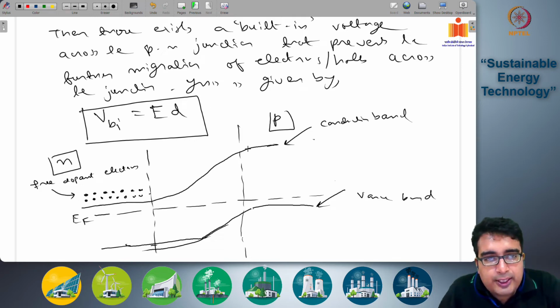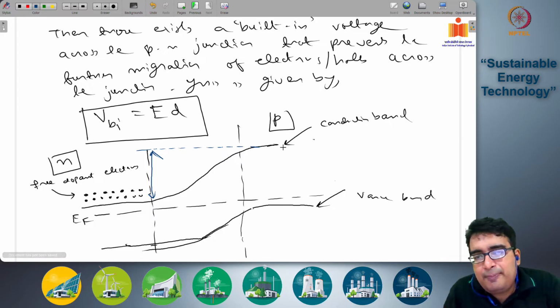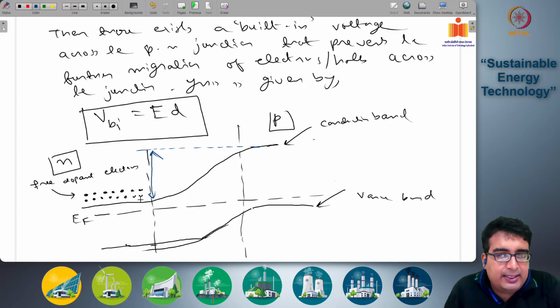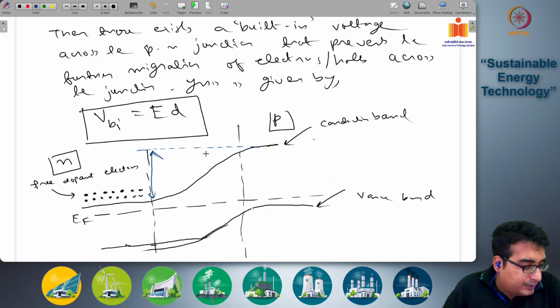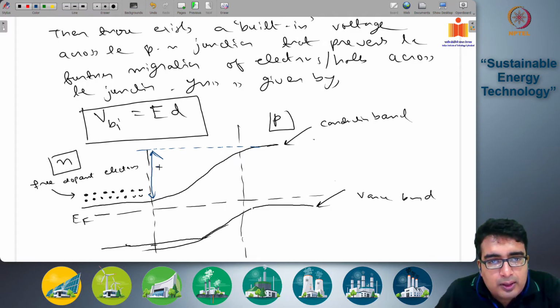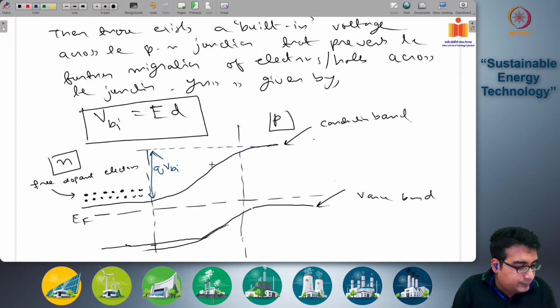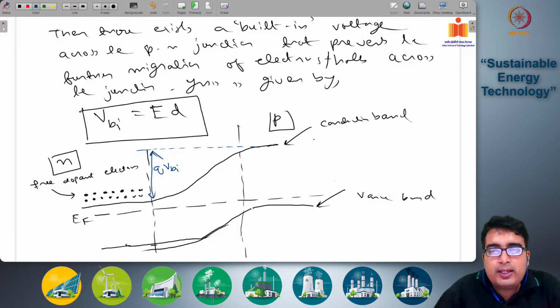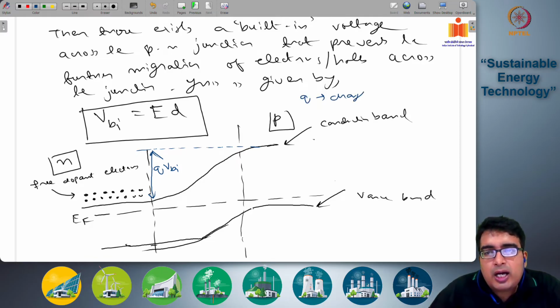So this distance between the top of the conduction band in the p-type and the top of the conduction band in the n-type is given by Q times VBI. This is the energy difference, where Q is the charge of an electron or hole.